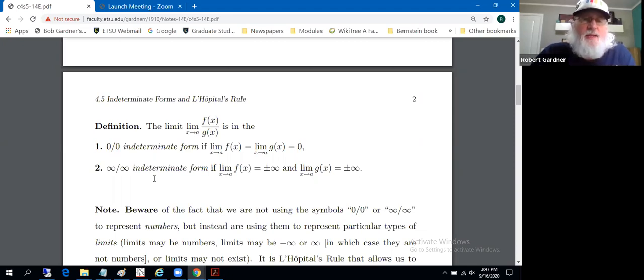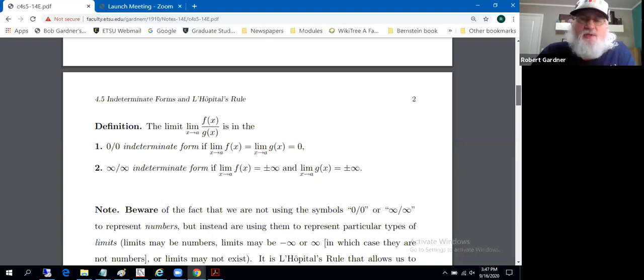Beware, this is not an arithmetic notation. This is notation describing a kind of limit. I'm not saying 0 divided by 0. I'm not doing division with an infinity symbol because, as you know, that's meaningless. So that couldn't mean arithmetic things.